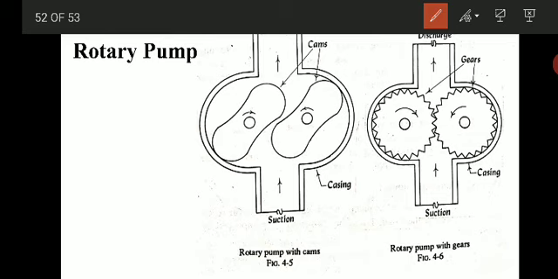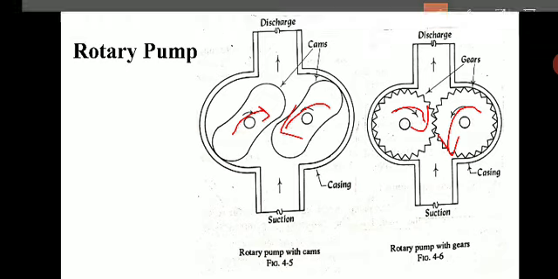You can see in the image, this cam is rotating in this direction and the other is rotating in the opposite direction. Similarly with gears. So they rotate in opposite directions, and the water enters through the suction pipe.